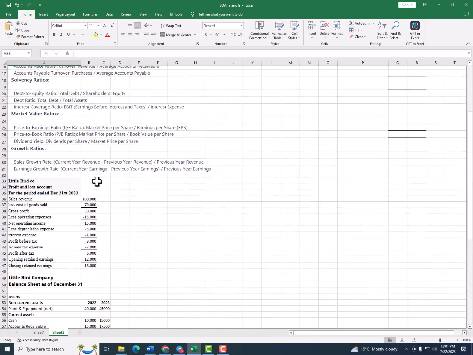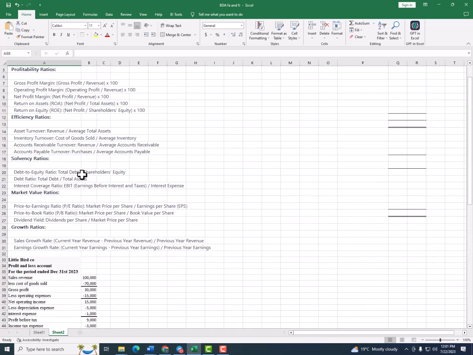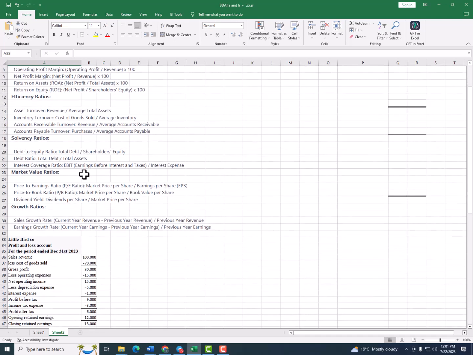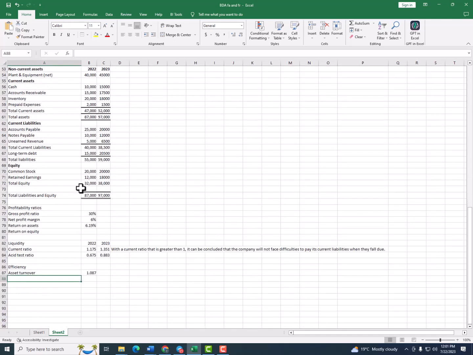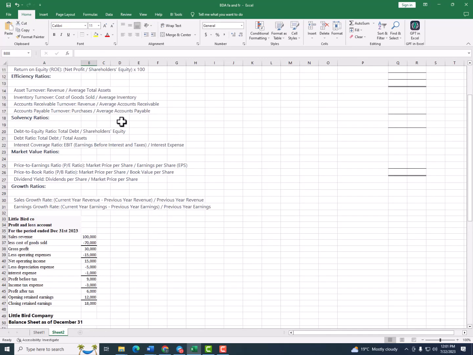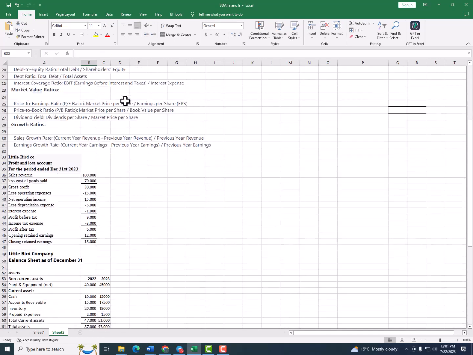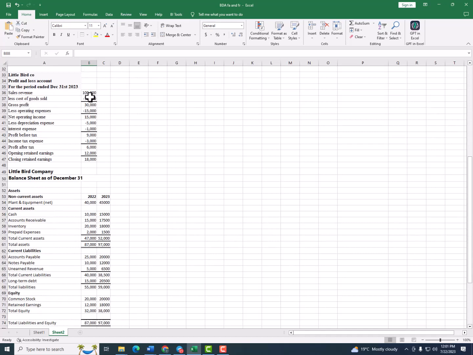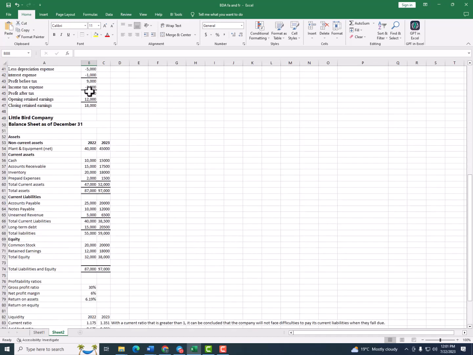The next efficiency ratio we can look at is inventory turnover. Right there, inventory turnover. And the formula for inventory turnover is cost of goods sold divided by average inventory. Remember, it is cost of goods sold and not revenue.